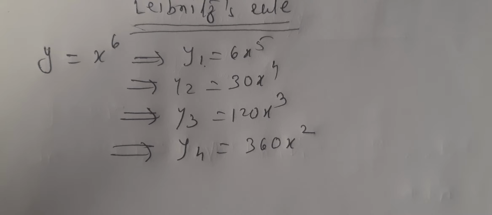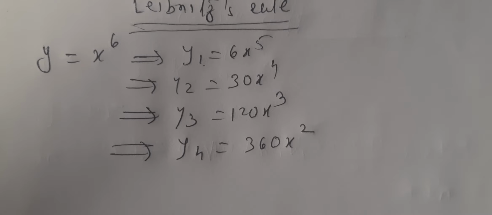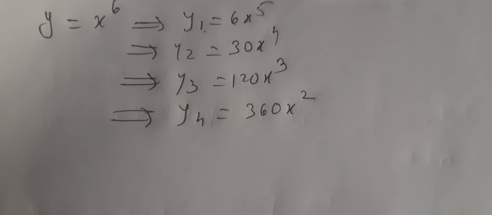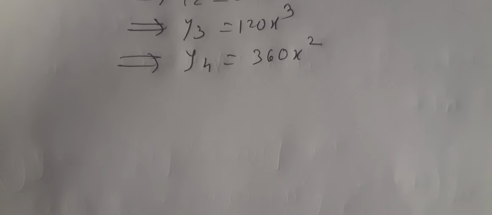No. So this is a chapter which teaches you how to get directly nth derivative. And particularly I am going to focus here on Leibniz rule, which gives us directly nth derivative of a product. So we are going to see here nth derivative of product.